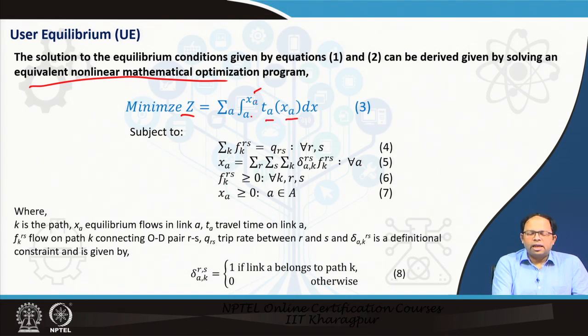So we take the integral of Ta xa, this is travel time, and this is minimized because along all the routes the total travel time would be same. So for different routes the volumes would be also considered, and we do it for all the different volumes as well.